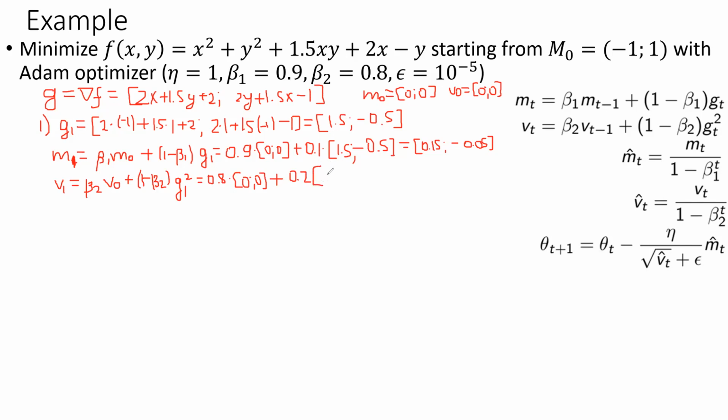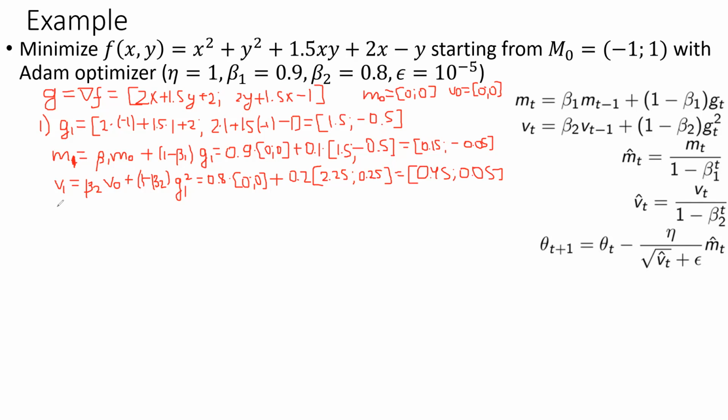So our gradient is 1.5, the square will be 2.25. The square of 0.5 will be 0.25. So after multiplication of those values by 0.2, we'll have 0.45 and 0.05. So we found m1 and v1.